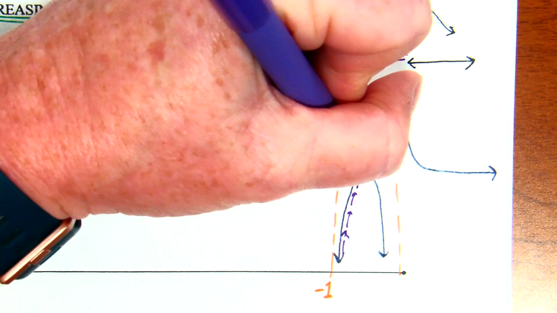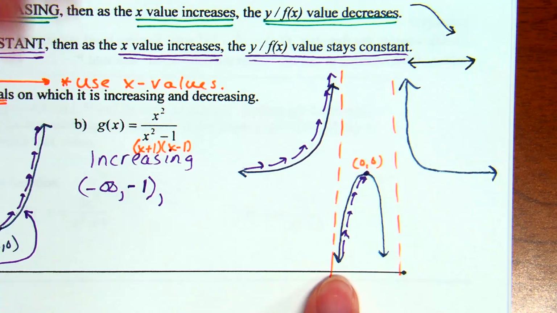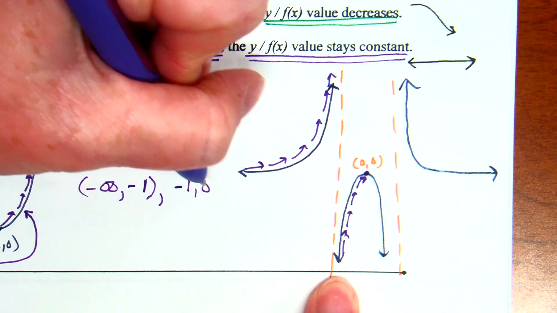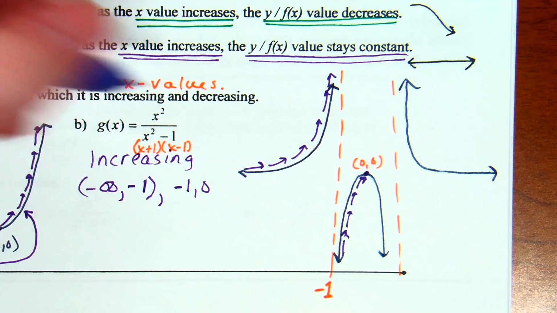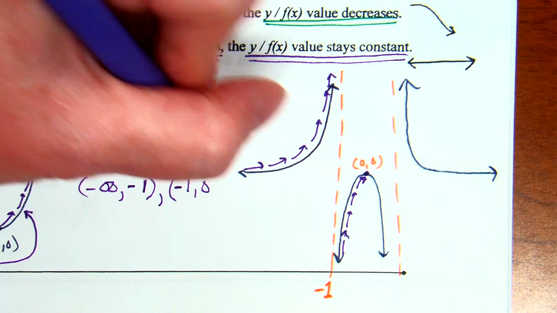So what is the x value there? 0. Now, what was the beginning of this increasing interval? Negative 1, because we just hopped over the asymptote, right? Negative 1 with a parenthesis because negative 1 was an asymptote. 0 with a bracket because it was an actual point.